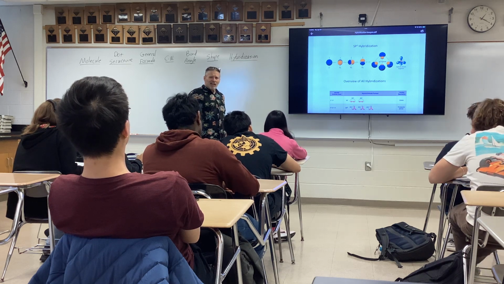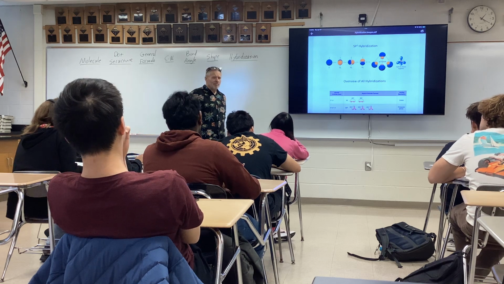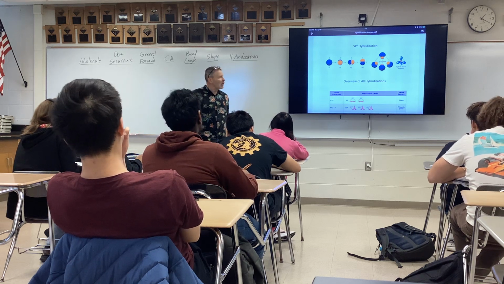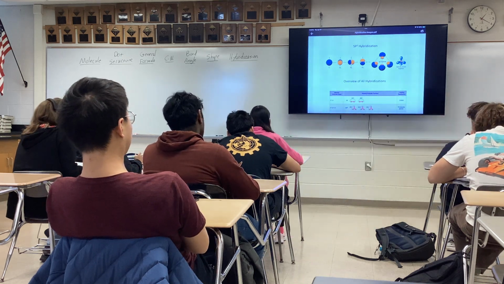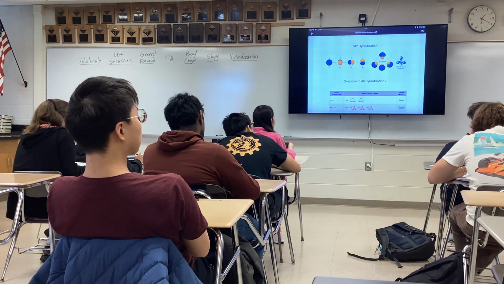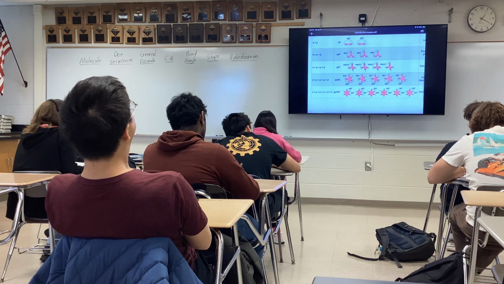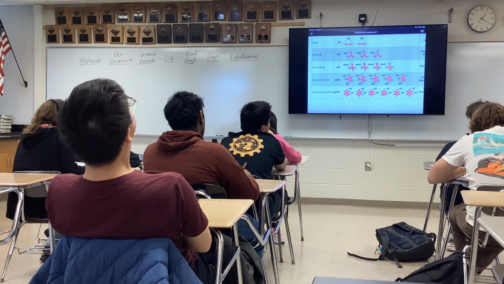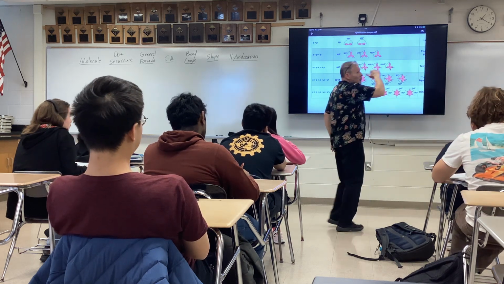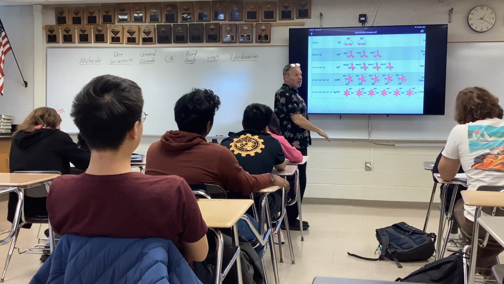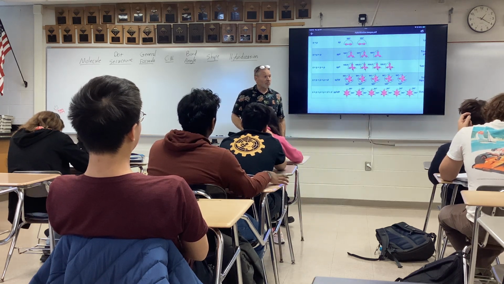Didn't we start to look at expanded octet yesterday? Did we do like PBr5 or something? Yeah. Okay, so it is possible your center atom could have more than 8 valence electrons. And that's when you have to start bringing in the D sublevel. So remember, if you get to the 3rd row or lower, that's when the D sublevel starts to exist.